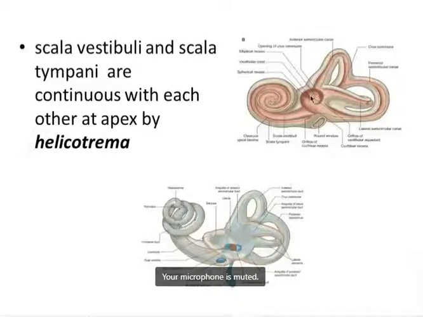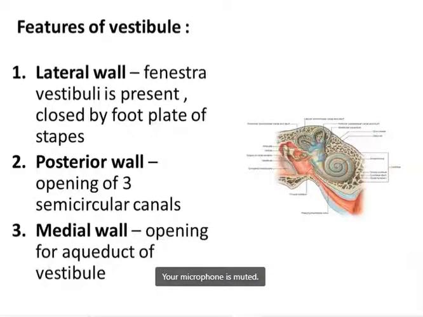And the 3 semicircular canals open into the medial wall of the vestibule by 5 openings, because the 2 openings, the medial end of anterior and upper end of the posterior, unite here and form the crus commune. Okay, and all these bony parts intercommunicate with each other, and it contains a fluid that is known as perilymph.